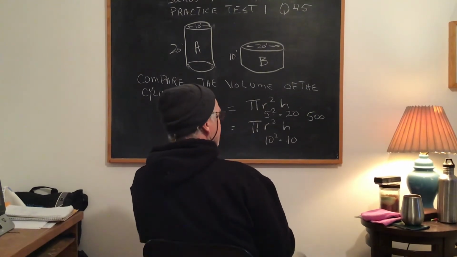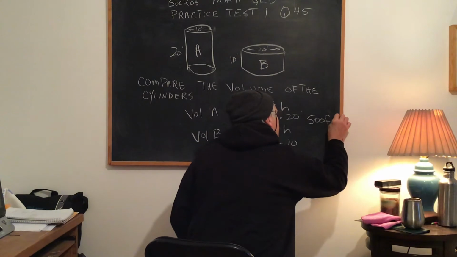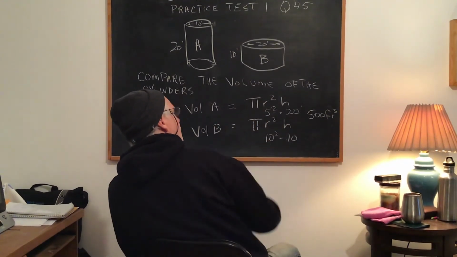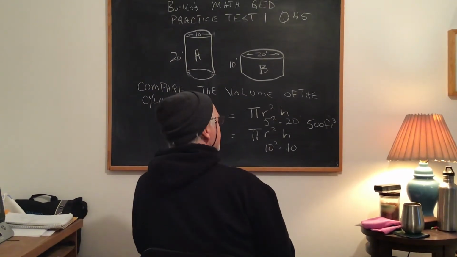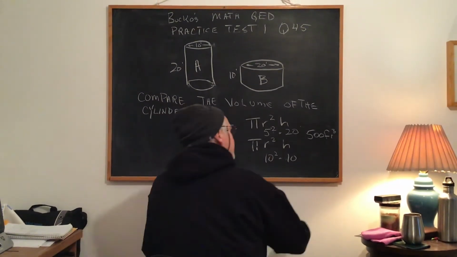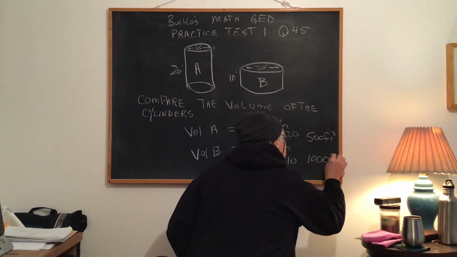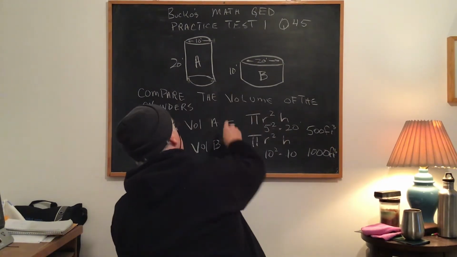And it's feet in this case, so it'd be cubic feet. This would be 10 squared, which would be 10 times 10, which is 100, times another 10, which would be 1,000 feet cubed.